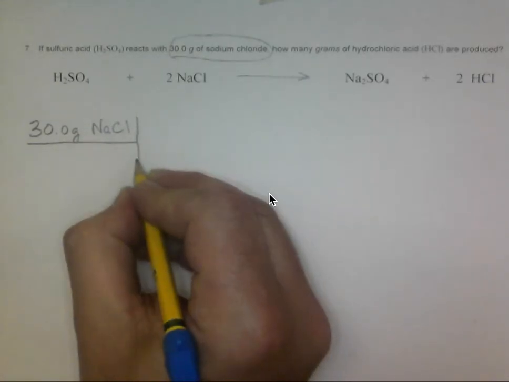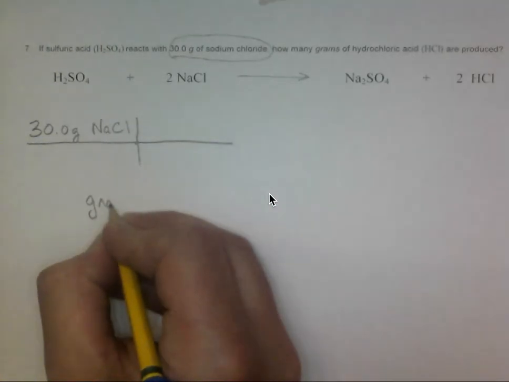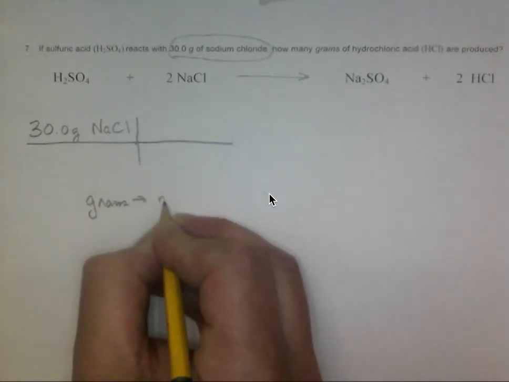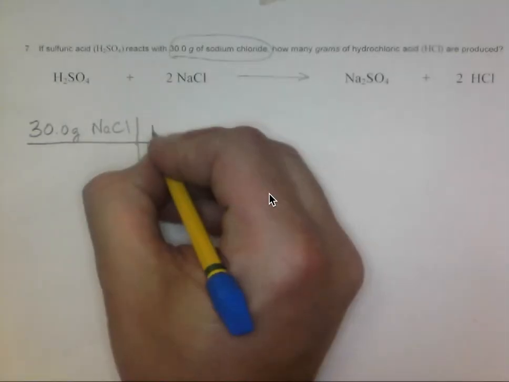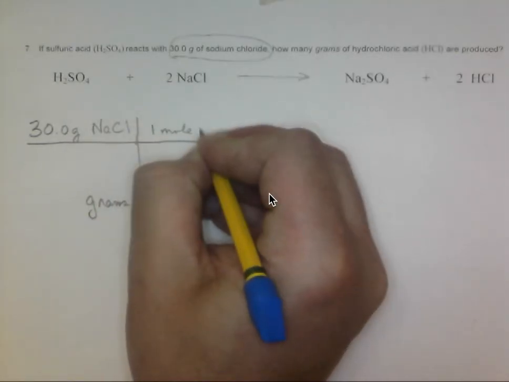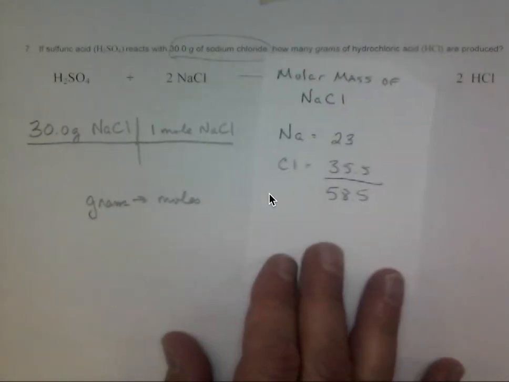And what I need to do first is convert grams to moles. So that's the first step in the problem. I have to convert 30 grams of NaCl into moles, so I'm going to wind up with 1 mole of NaCl. And I need to find out what the molar mass of NaCl is, and you do that simply by looking at your periodic table.